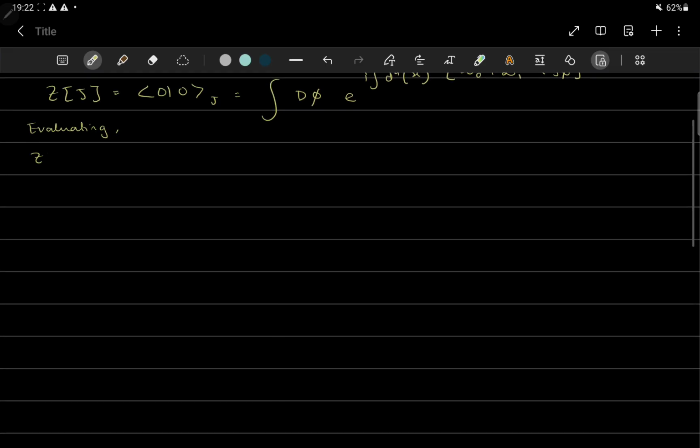Okay. So now if we evaluate this generating functional, I break it down in its definition, and what I would get is the following. Keeping the interacting term, the one with the interacting Lagrangian, out of the expression of the generating functional, and keeping the part with the free field Lagrangian inside, like this, basically separating the two.